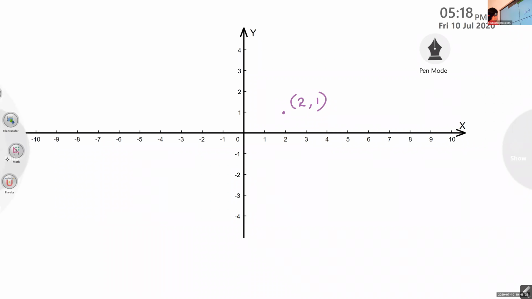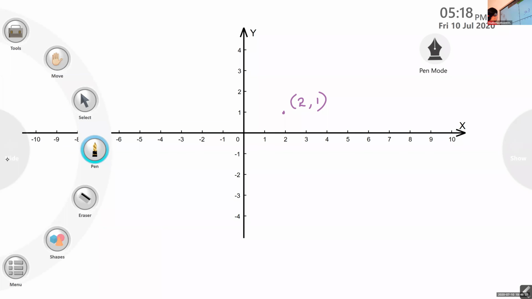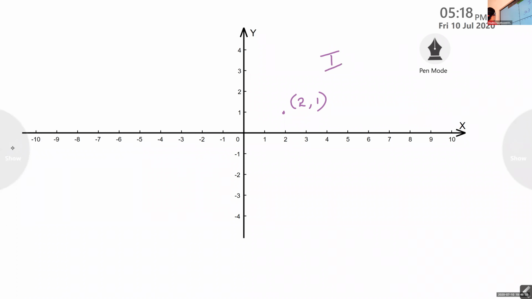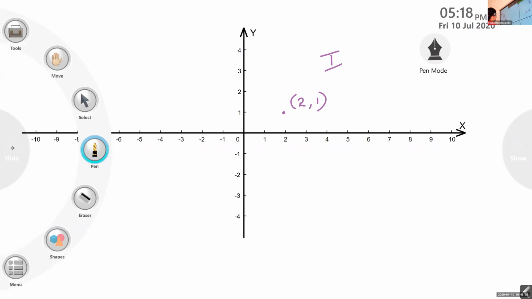Next. So, what is the sign of these points? This is the first quadrant, right? Can you tell the sign of this point? Both negative, both positive, one minus, one plus, like that. What is the sign of this point?